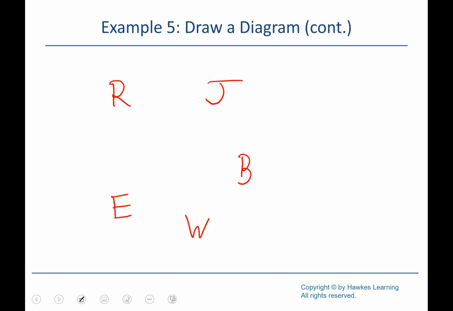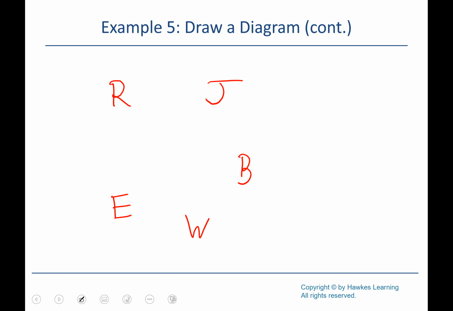One thing that can help us on this one is we know that each team's playing each one of the other teams 4 times. That was what it told us. So to keep it from being so messy, instead of drawing 4 arrows between all of them, we can just do 1 arrow, and we just have to remember that 1 arrow means 4 games.